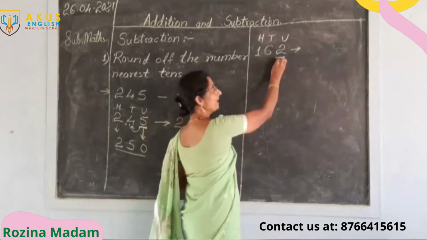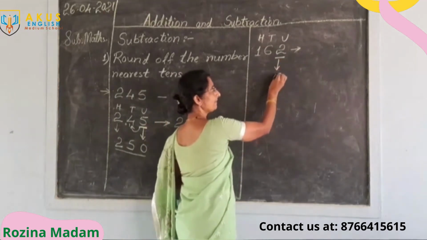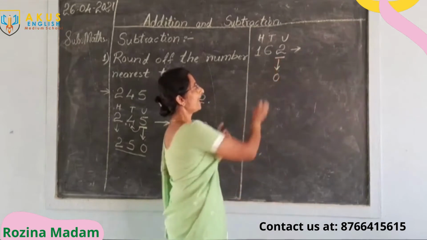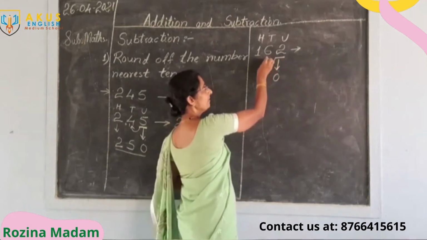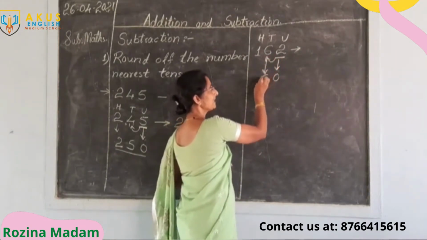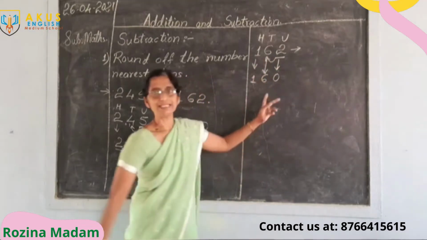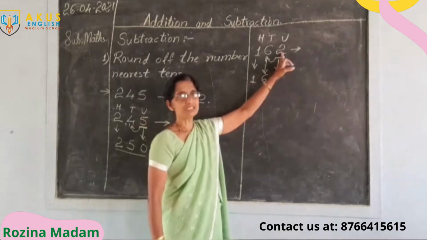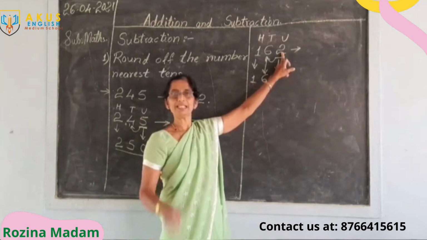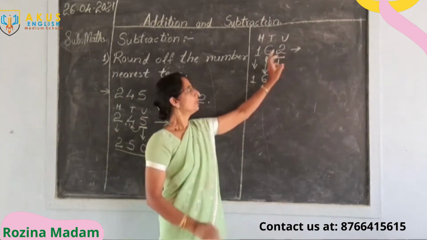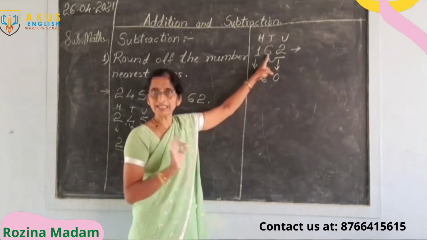So this number will convert into 0, and the tens place number will remain as it is, and the hundreds place number also remains as it is, because the units place number is smaller than 5. So the tens place number doesn't change.